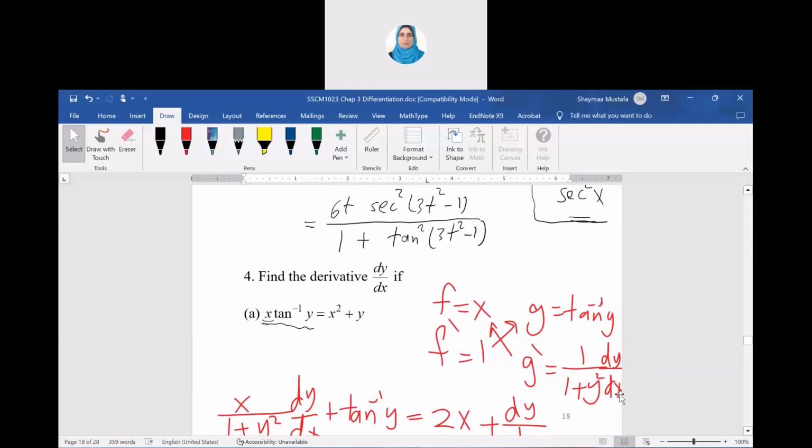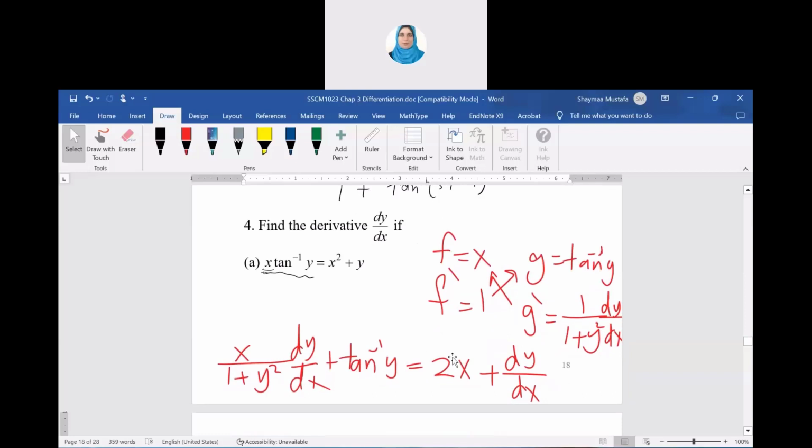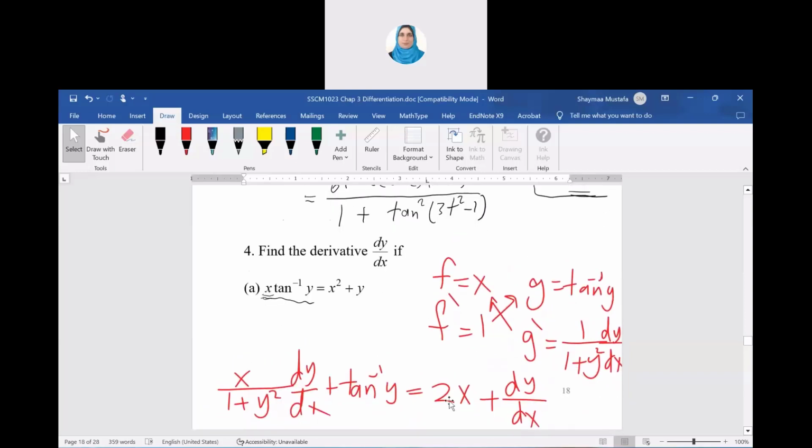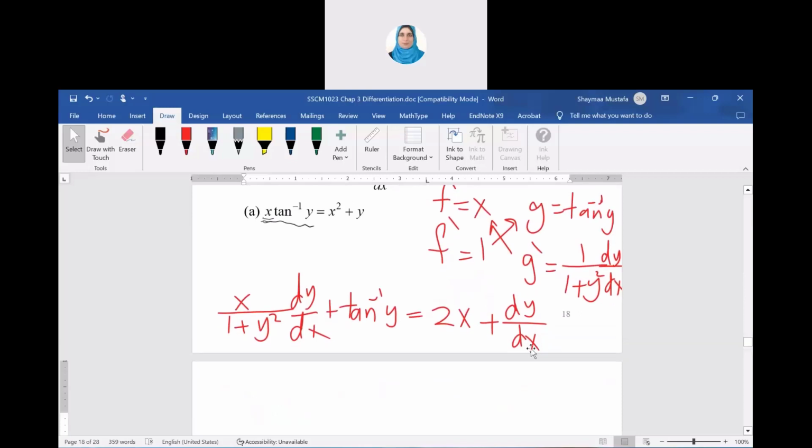Here the variable is x, the derivative for x as well, so no need. But for y you have to. So the derivative of tan inverse y will be multiplied by dy over dx. So x over 1 plus y squared dy over dx plus tan inverse y equal to x squared, no need, just find the derivative, 2x. Y here, the derivative is 1, but have to multiply by dy over dx.